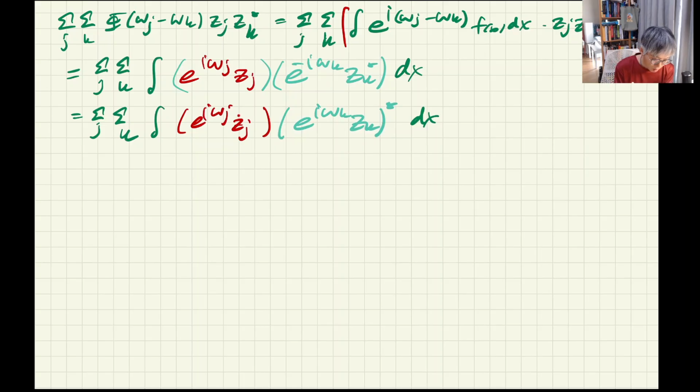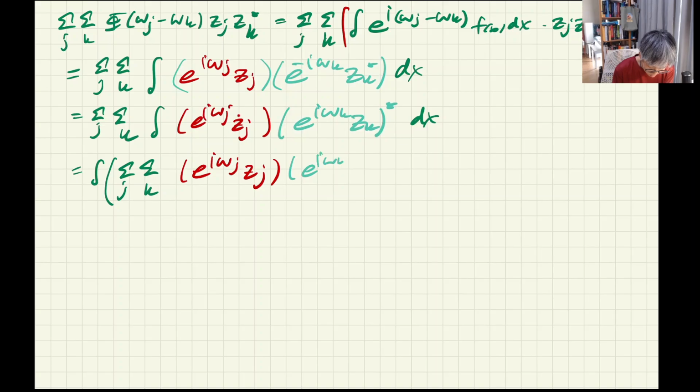It's going to be the same as if I take the sum first. The double sum is linear, so I can put the integral outside, and dx.